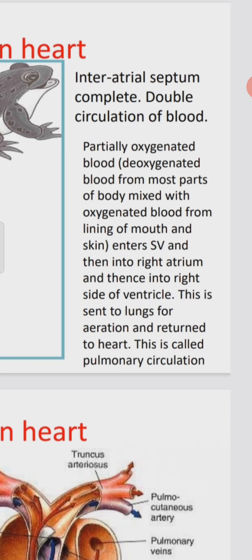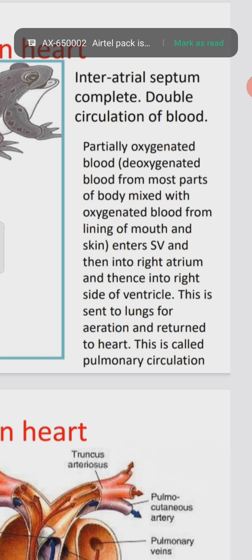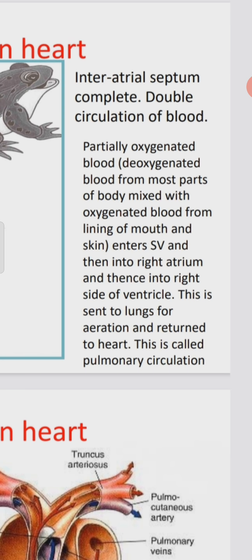Partially oxygenated blood: deoxygenated blood from most parts of the body mixed with oxygenated blood from the lining of the mouth and skin enters the sinus venosus. The sinus venosus present in the heart of the amphibian receives the deoxygenated and oxygenated blood from the mouth and skin. Then it enters the right atrium, then into the ventricle.